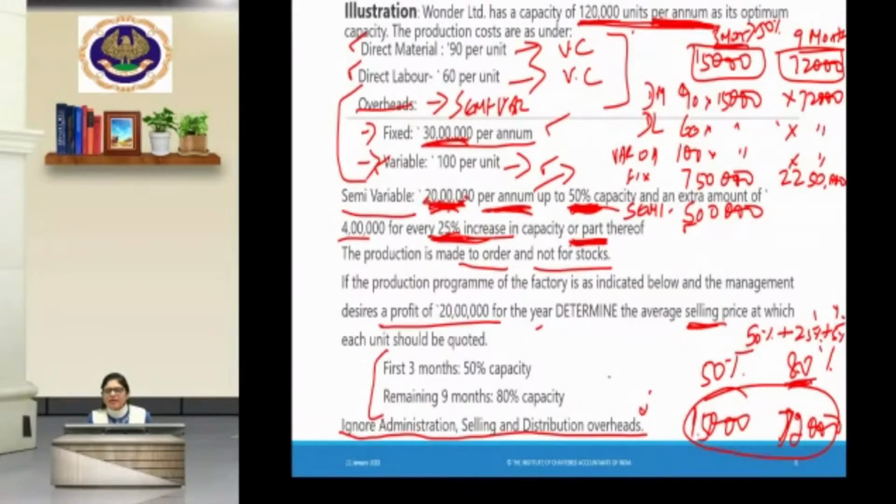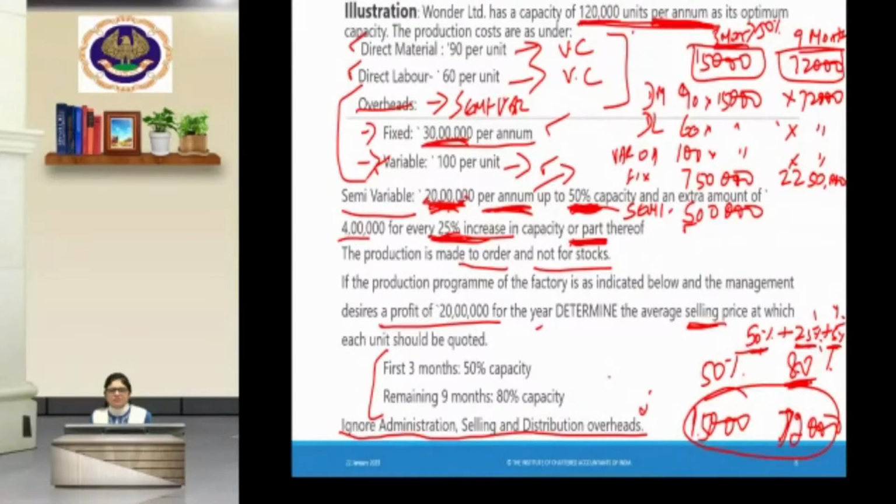What is the breakup of 80%? For the first 50%, the semi-variable overheads are 20 lakhs. For the next 25%, it's 4 lakh. And for the next 5%, again it's 4 lakh, because it says for every increase beyond 25%, for every next 25%, it will be 4 lakh.